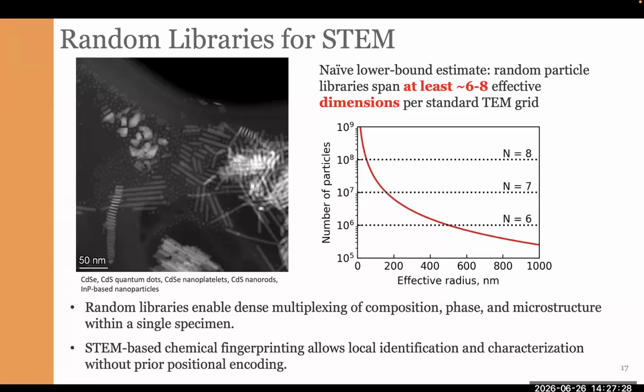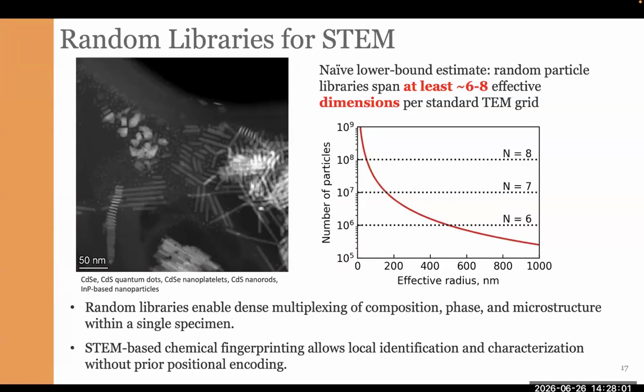As a first step, we can just estimate what is the accessible dimensionality through such an approach. It is a very naive, lower-bound estimate, where you consider your particles as round particles with some size. You may calculate the effective accessible area within the standard grid. It is a bit more than 2.5 square millimeters.